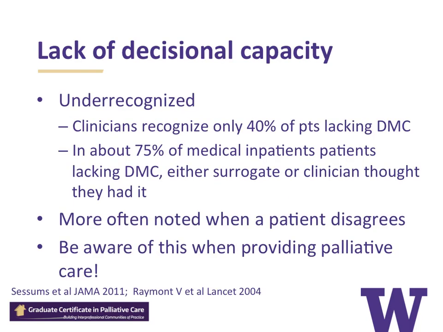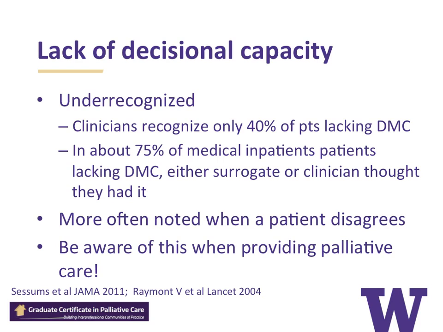Furthermore, lack of decisional capacity is under-recognized by both clinicians and family members. Studies of standardized instruments for decisional capacity assessment suggest clinicians only recognize 40% of patients who are found to lack decisional capacity by a gold standard assessment.